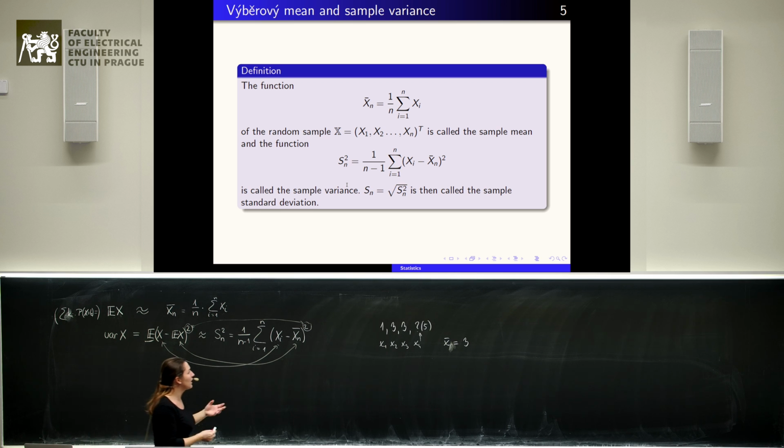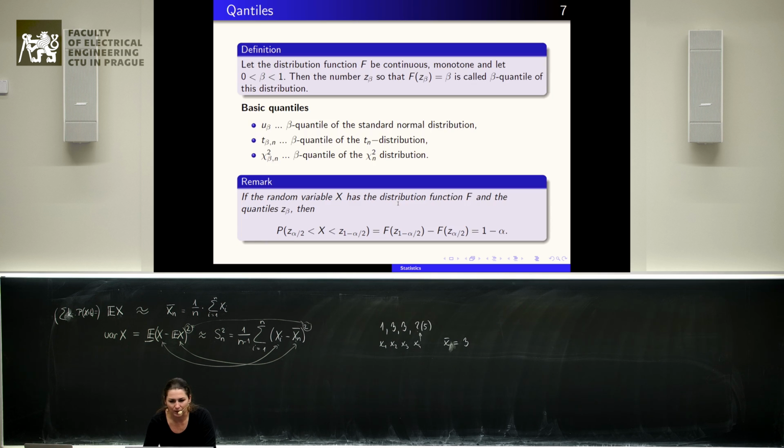The last one is connected to the sample mean. So this is the second transformation, which has very special usage in statistics. And as in theory we worked with standard deviation, which was the square root of the variance, in statistics we will work with the so-called sample standard deviation, which is analogously the square root of the sample variance. So I'll skip this.